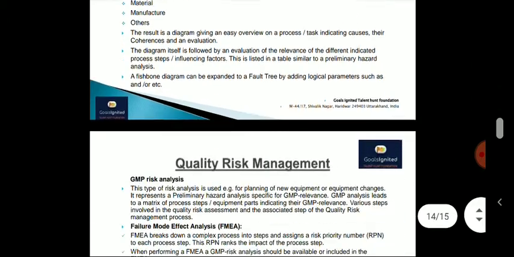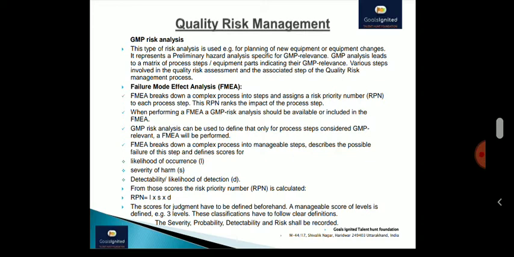Then we come to the GMP risk analysis and the other tool, that is the failure mode effect analysis, FMEA. FMEA basically breaks down a complex process into steps, assigning a risk priority number, RPN. So the RPN rank is impacted by the process steps. When performing a FMEA, a GMP risk analysis should be available or included in the FMEA.